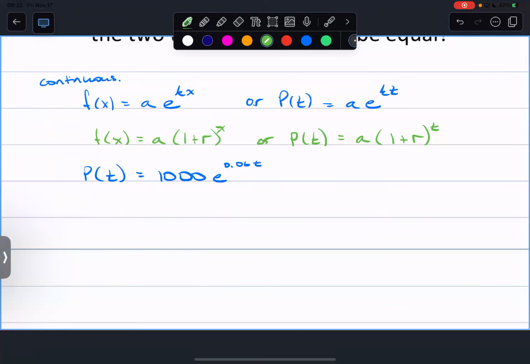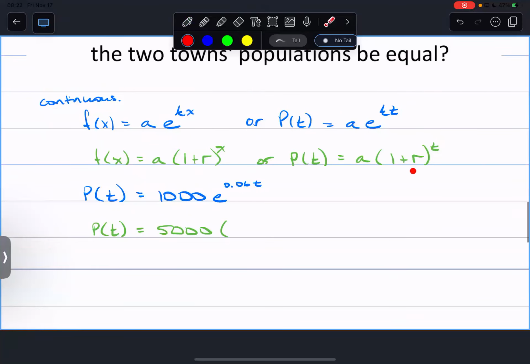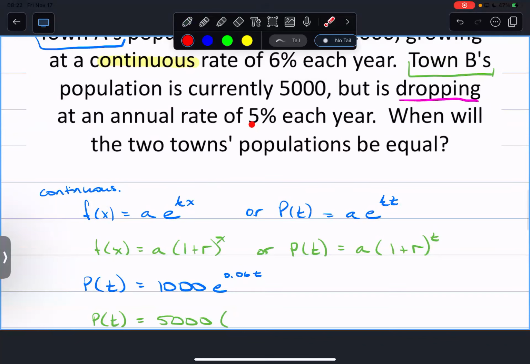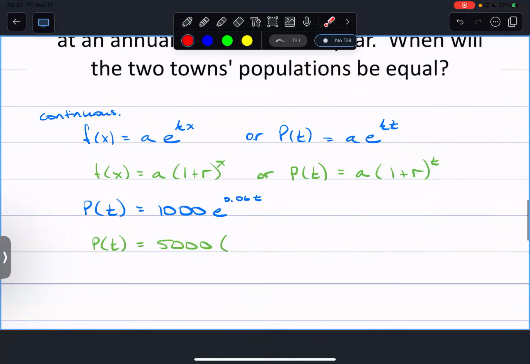And then we have Town B, which is starting with a population of 5,000, and then the rate is negative, right? Negative 0.05, because it's decreasing at a rate of 5% each year.